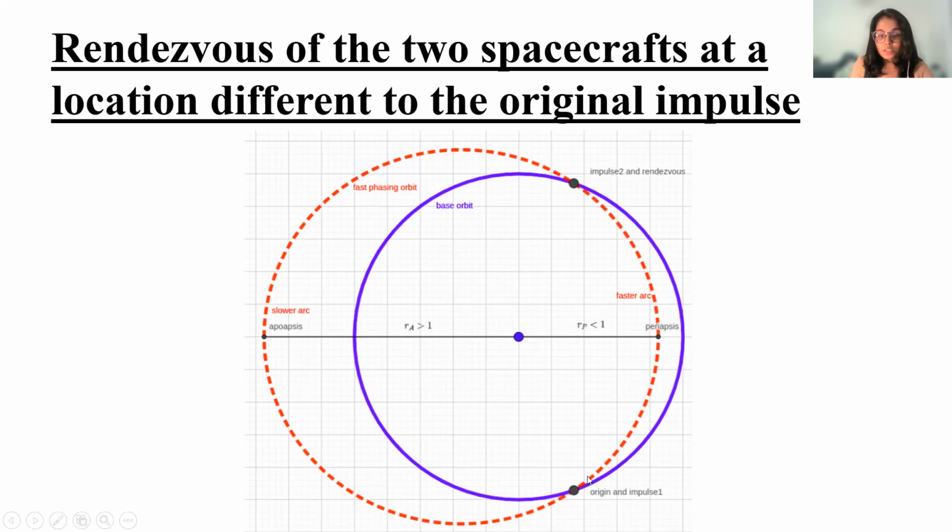And if we have to increase the time period of our chaser DST, then we will follow this larger but slower phasing orbit, and the rendezvous will happen at this position. Note that impulse 2 means that over here we are providing a deceleration so that the trajectory of the DST can be changed back to the original parking orbit.